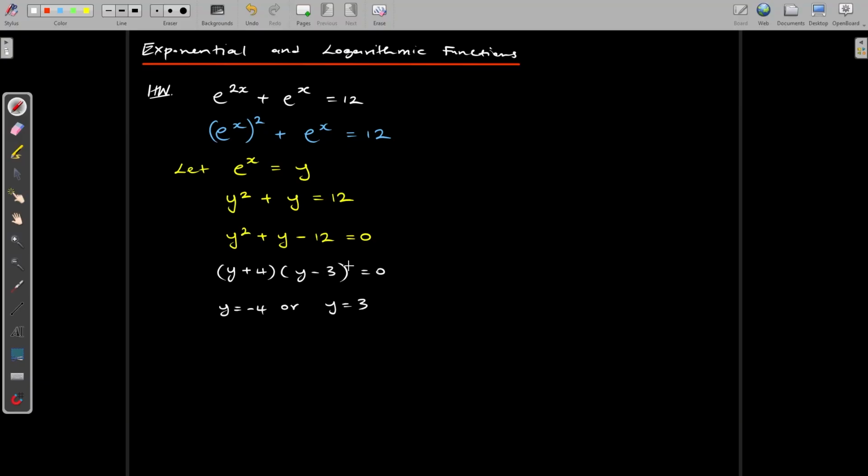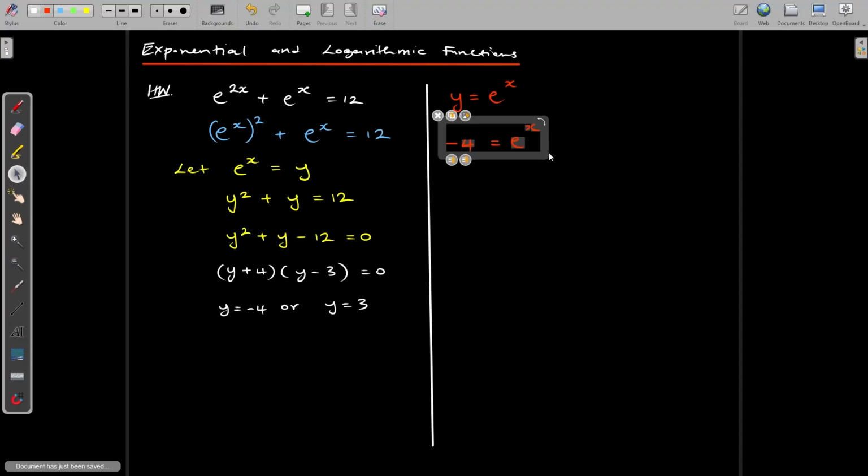So what we'll have to do here, seeing that we said y is equal to e to the x, so this is a statement we made, y is equal to e to the x, and we got two values of y. So our first value is negative 4. So we will say negative 4 is equal to e to the x. Now this is where the trouble comes in, because in order for us to get rid of this e to the x, we'd need to take ln of both sides.